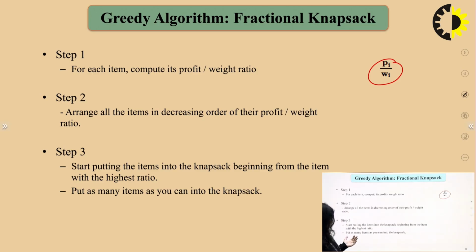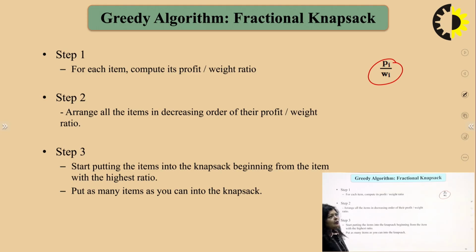In step 3, we start putting the items into the knapsack beginning from the item with the highest ratio. So we will pick up the item which has the highest profit weight ratio first into the knapsack, and then we will calculate the remaining capacity of the knapsack and how much profit we have earned in the current state, and then we try to add more items to it.